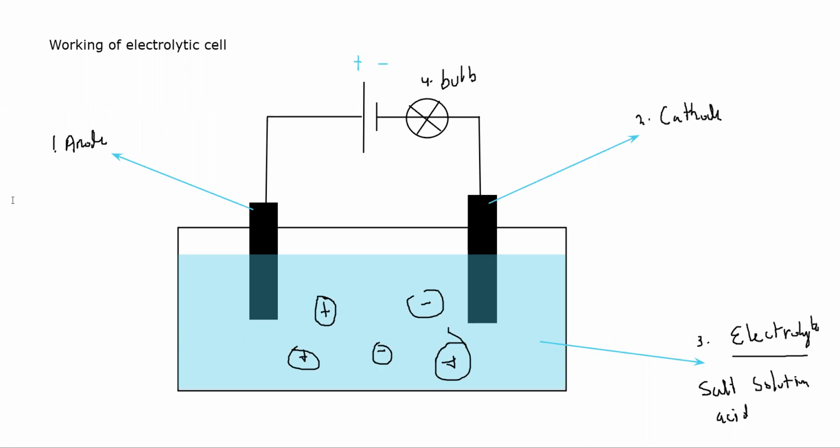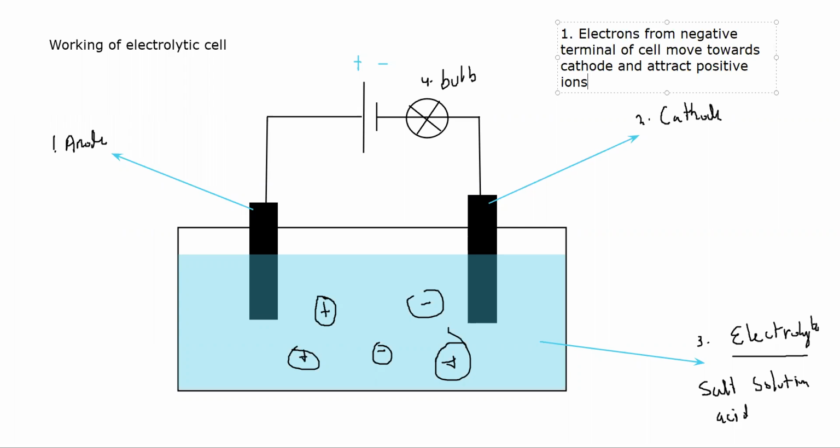So the first thing that happens is that the electrons from the negative terminal of the battery or cell move towards the cathode and attract positive ions. This is what happens initially.